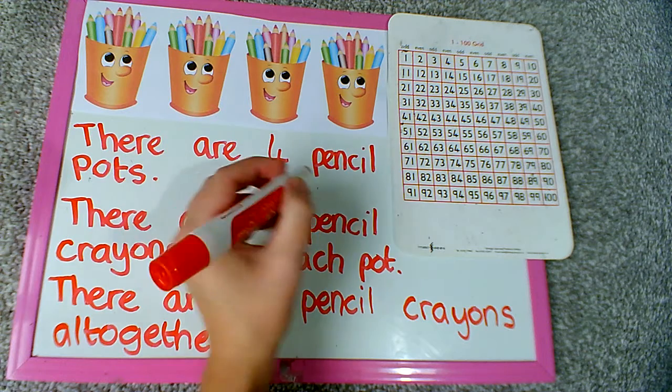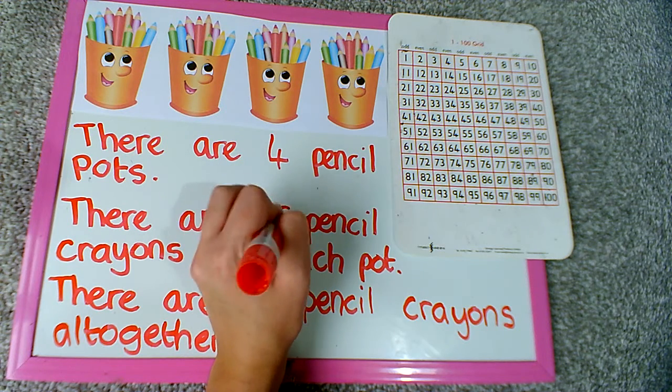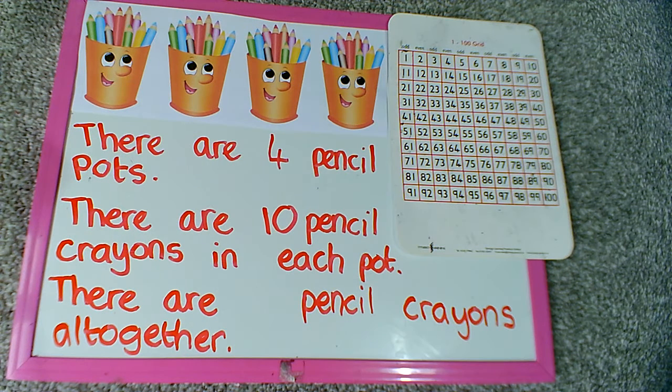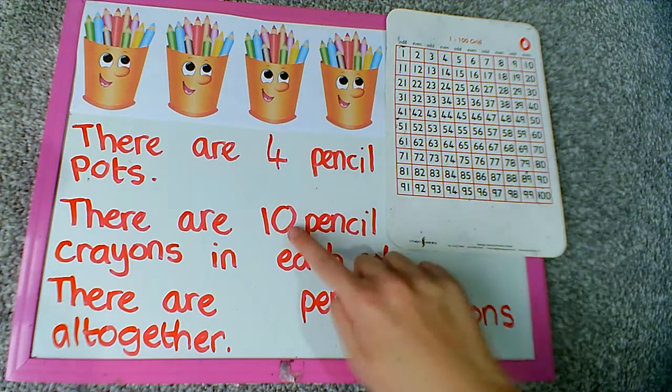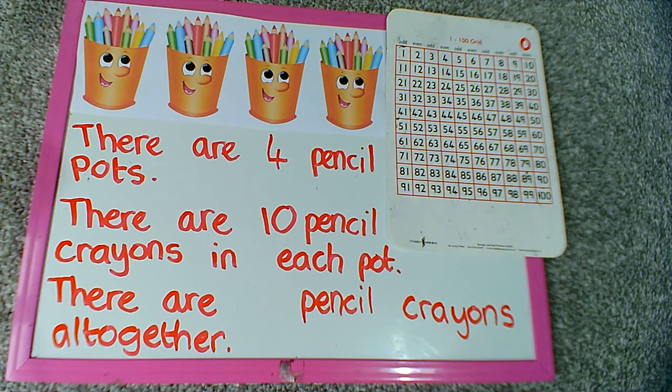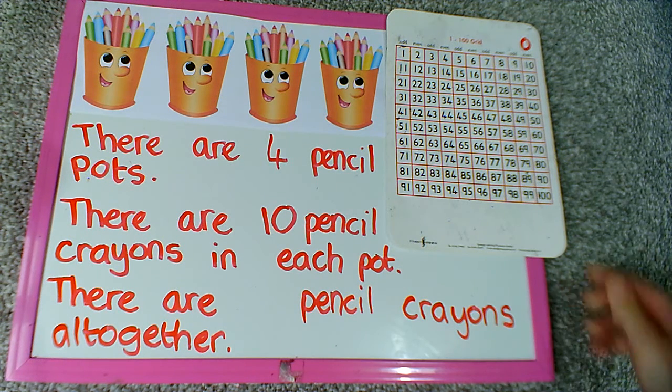So there are 4 pencil pots and 10 pencil crayons in each pot. We need to work out how many pencil crayons there are all together. We could count each pencil crayon, but that would take quite a long time. So instead, we are going to count in 10. We start at 0 and we need to make 4 steps of 10 to get the correct number of how many pencil crayons there are all together.